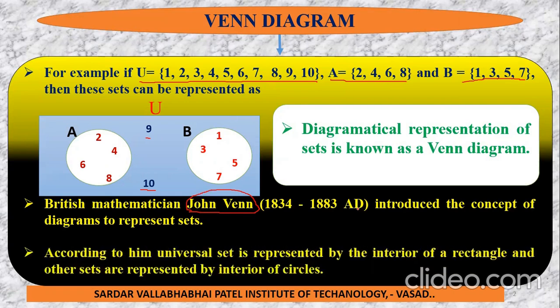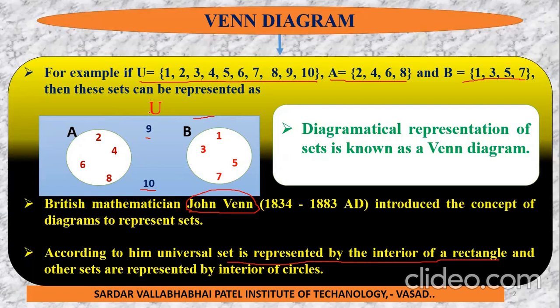Basically, the universal set is represented by the interior of a rectangle, and the other sets are represented by the interior of circles.